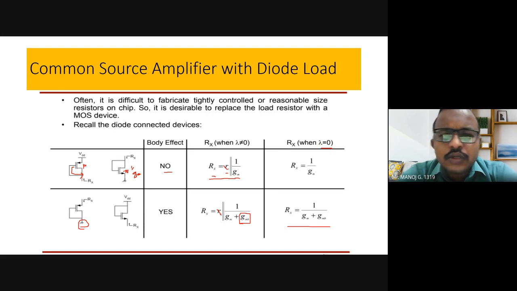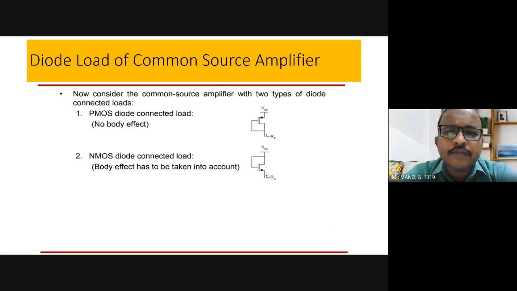Now we'll go to the next part. There are two types of transistors: one is PMOS, the other is NMOS. Both of these are made into a diode in this way. Generally, PMOS will not have any body effect.